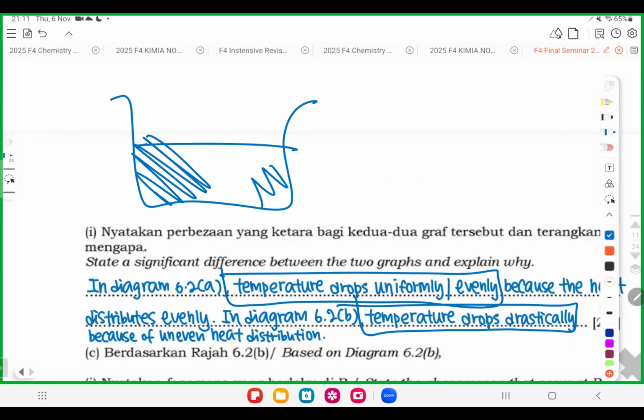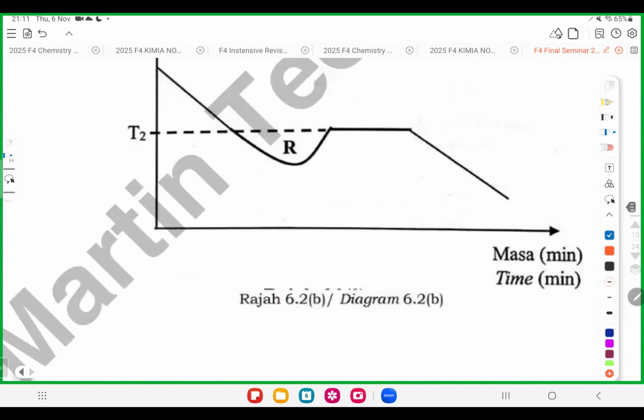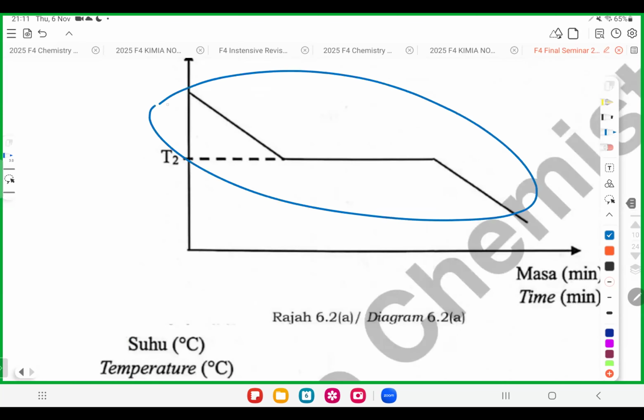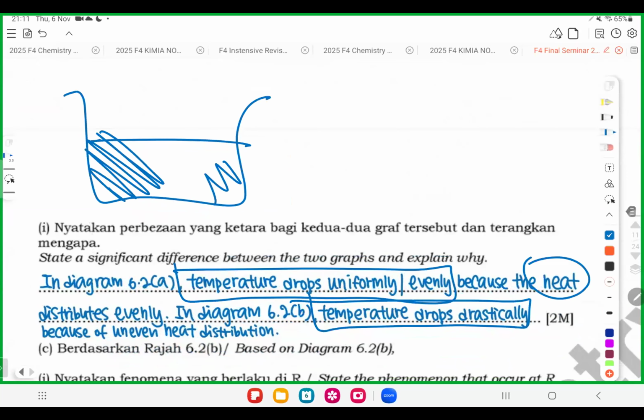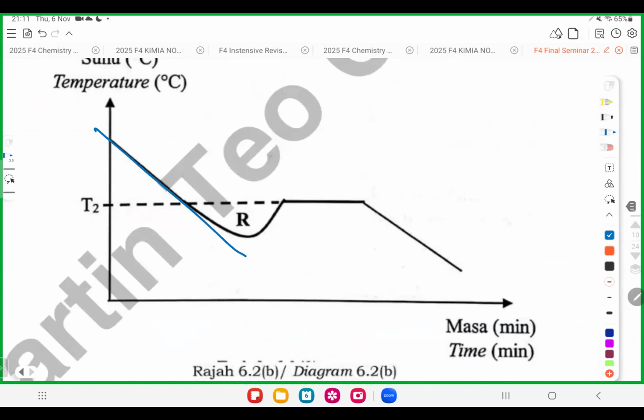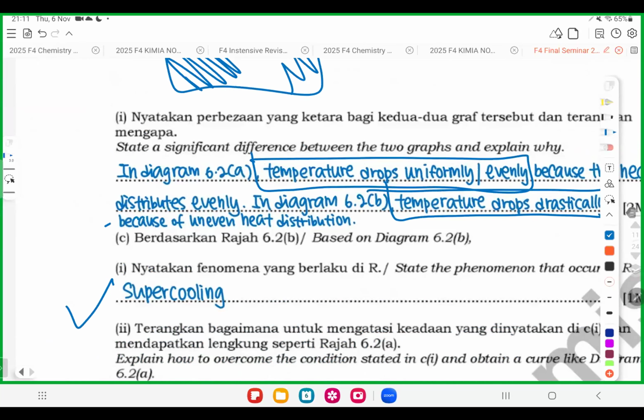Everyone must know this, temperature increase, decrease fast is because uneven heat distribution. So in this case, when the temperature decrease slow and steady, it means that the heat distribute evenly. In the second picture, temperature go down very fast because heat distribute unevenly.